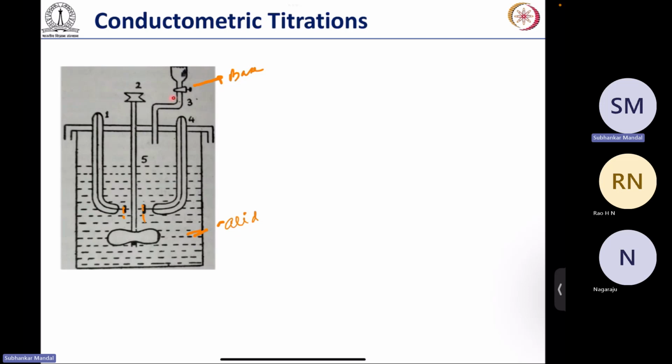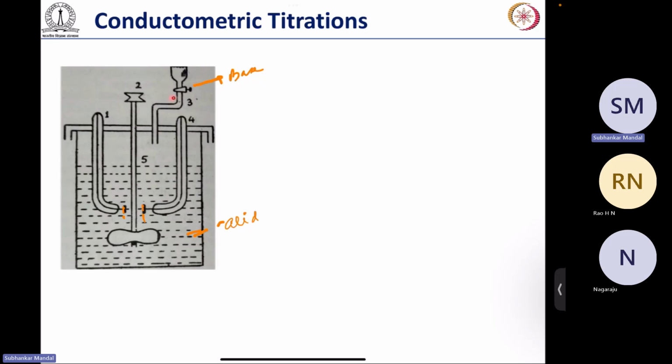From there you see how the conductivity changes with the addition of base, and when there is a sharp change in the conductivity value, you get to know the equivalent point of acid base neutralization.